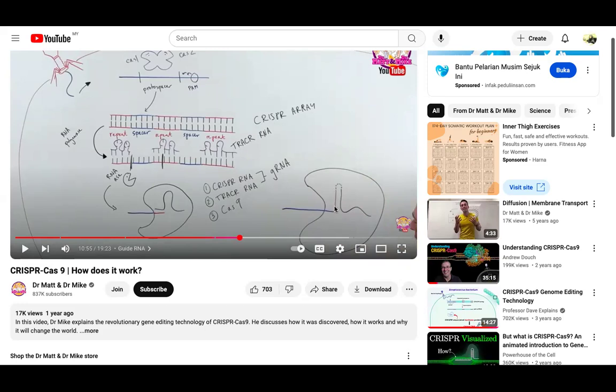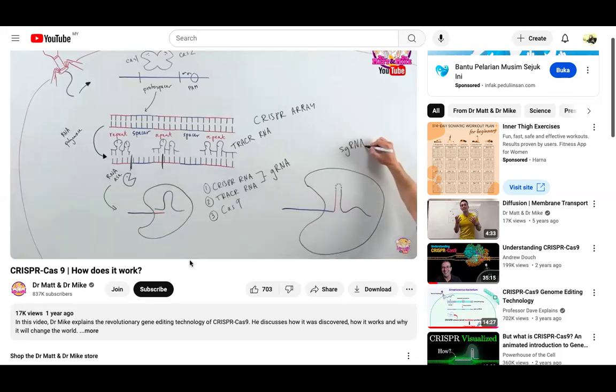We can combine the repeat, here, with the tracer RNA, and this whole thing is known as single guided RNA, sgRNA. We can call it an sgRNA, a single guide RNA.